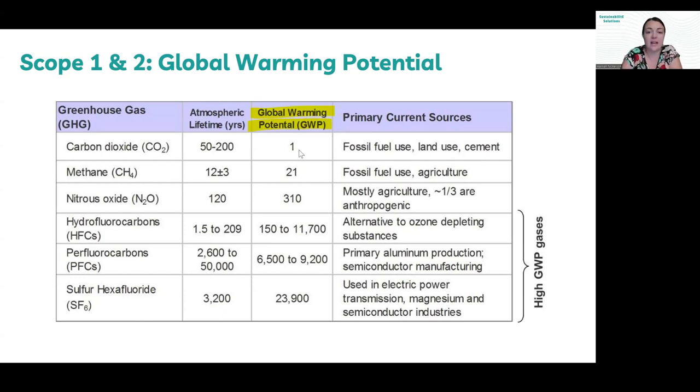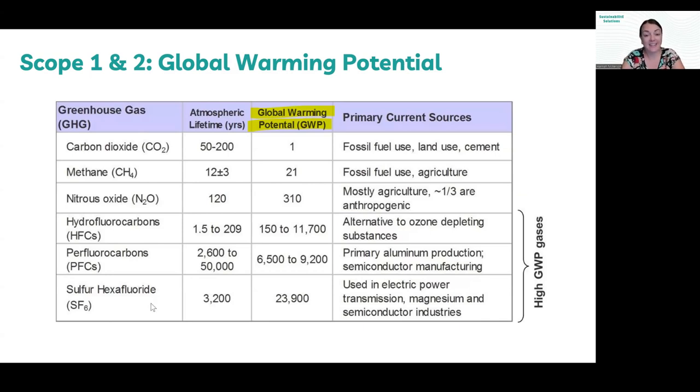So carbon dioxide here is our base, with a global warming potential of 1. And methane, for example, is 21 times the heat trapping capacity of carbon dioxide. Now, with these synthetic fluorinated gases, the fluoride molecule adds a lot of stability.